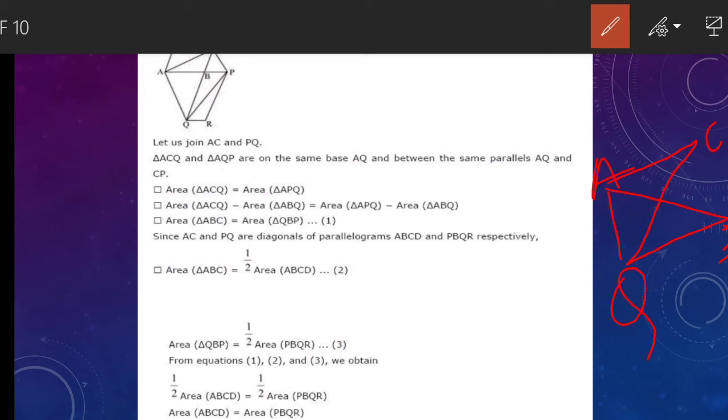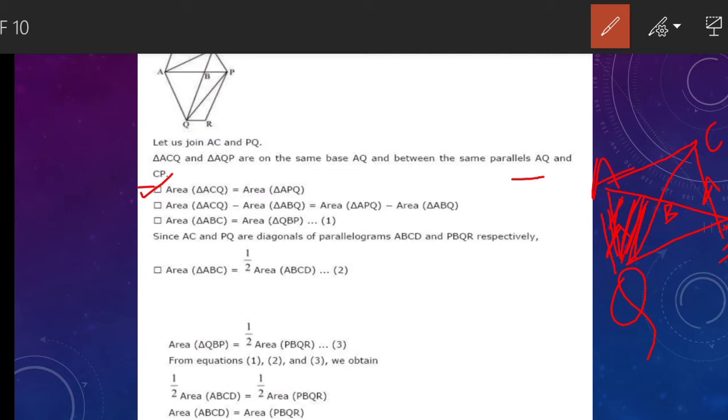So these are the two triangles which are on the same base AQ, and this line AQ is parallel to CP. So this line AQ and CP are parallel. This is given in the question. So the area ACQ and area APQ are equal. Now from these areas we are going to subtract this part, that is ABQ.